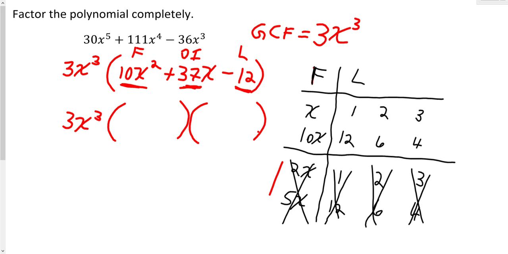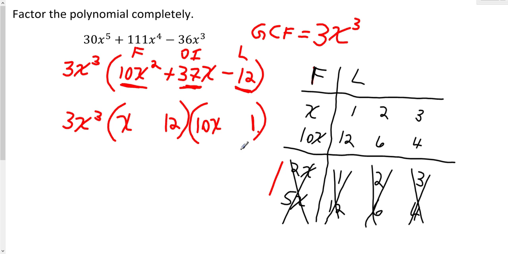So let's try x and 10x. So we'll put in x and 10x and see if we can find the last pair that works. Well, if I'm going to use 1 and 12, the 12 couldn't go in the parenthesis with the 10 because they have a common factor. So the 12 would have to go here, and the 1 would have to go here.